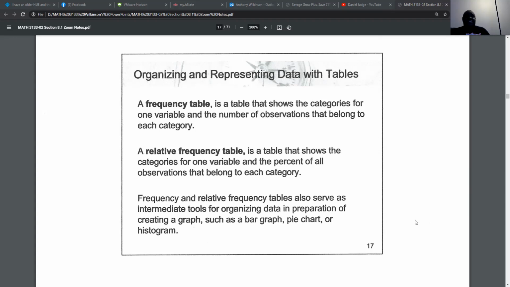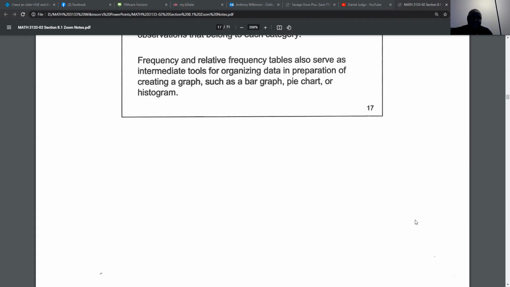Now, these two tables can serve as an intermediate tool for organizing data in preparation of creating other graphs, such as a bar chart, pie chart, or histogram. We'll talk about those three a little bit later in this video.